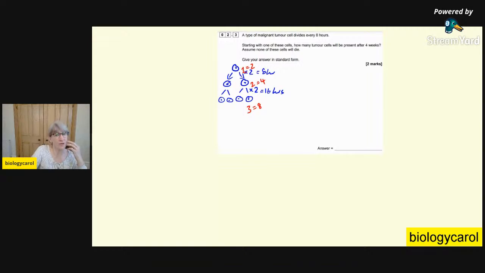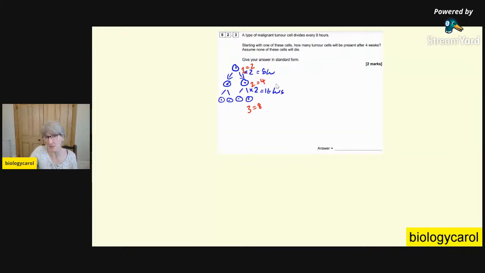Now, those numbers might give you an idea as to what you've got to do with the maths. We have got to work out the number of cell divisions and then take 2 to the power of that number of divisions. And the other factor is that each cell division takes an hour. So my first logic was, okay, how many hours are there in 4 weeks?